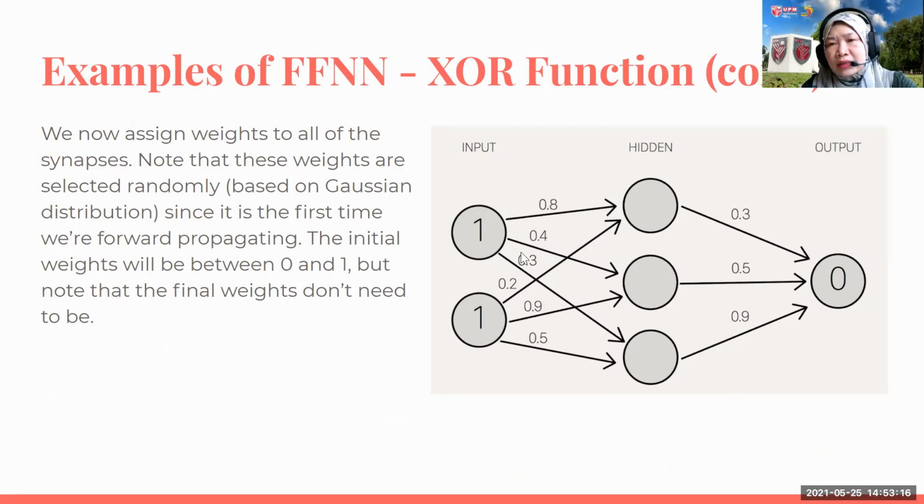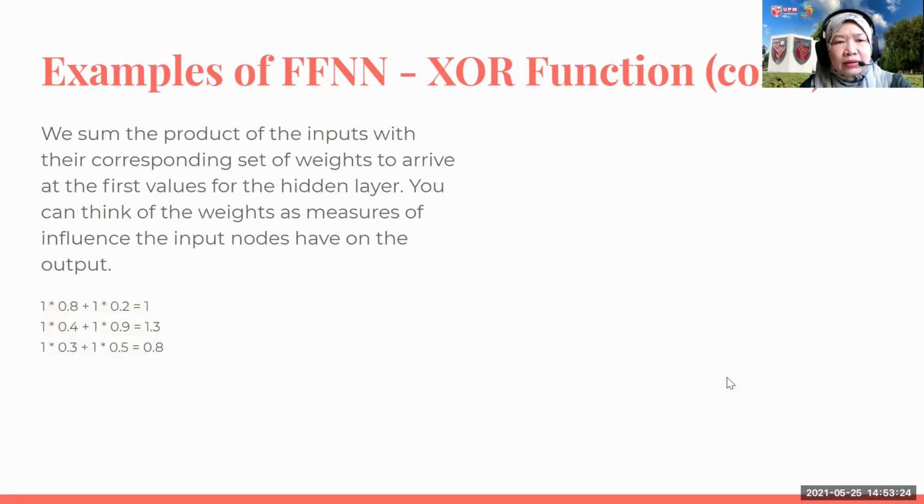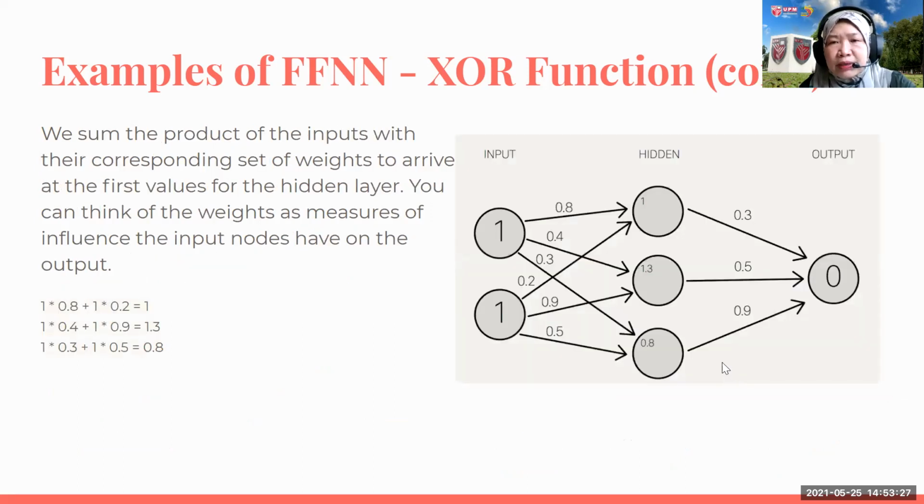As you can see, the values of the weights here are decided manually, so that you can experience the process and the calculation involved. As you can see here, for the first hidden neuron, the summation of the input will be 1.3 and 0.8.